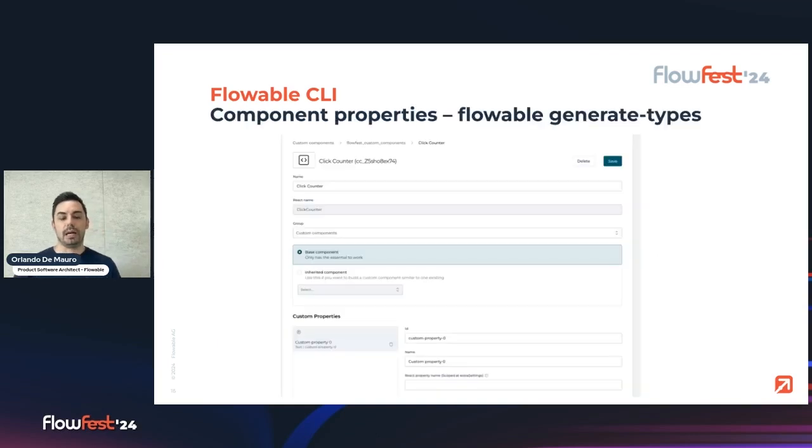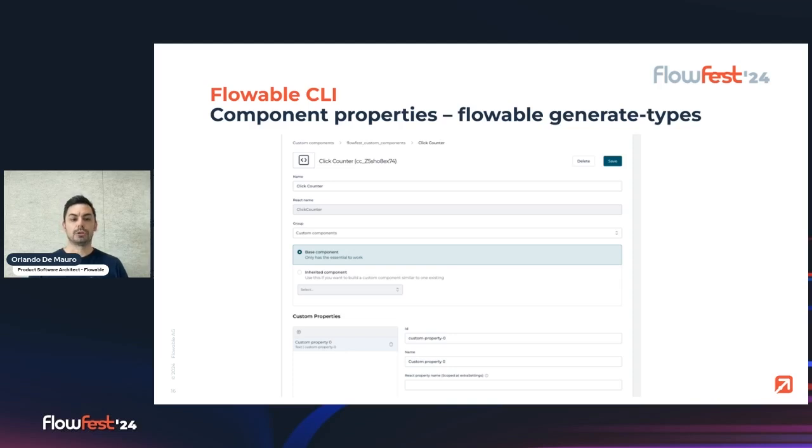Another improvement has been made for the component properties definition. Before, when the developer wanted to define the properties, he had to write down all the properties in the palette file. But now we created this new, more intuitive UI in design, where the developer can define new properties or inherit properties from other components.